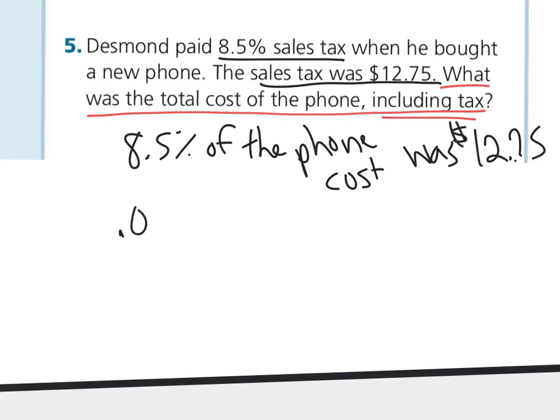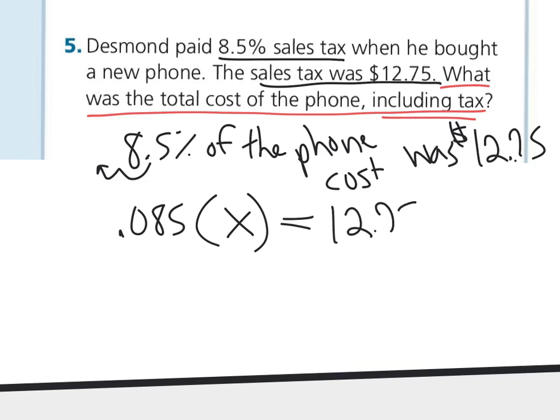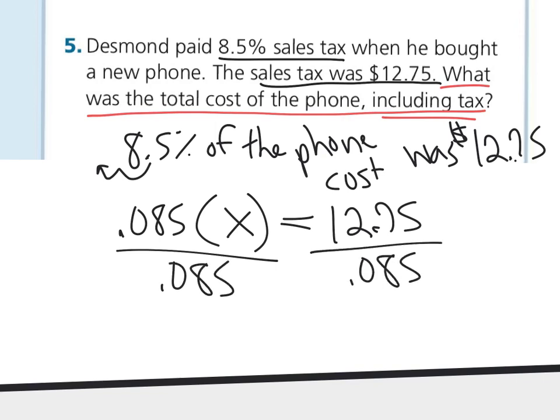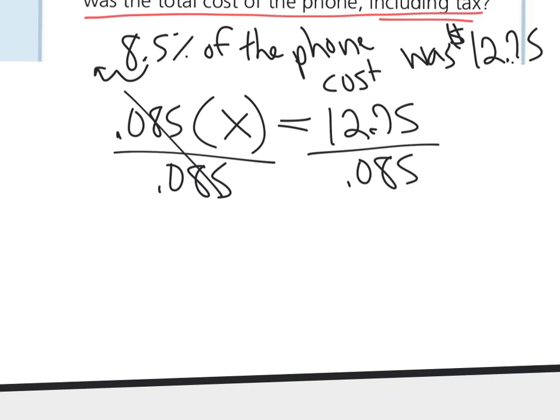So 8.5% as a decimal times whatever our phone cost was is, past tense of is, $12.75. They're multiplying, so let's divide. And when you work that out, that would be $150.